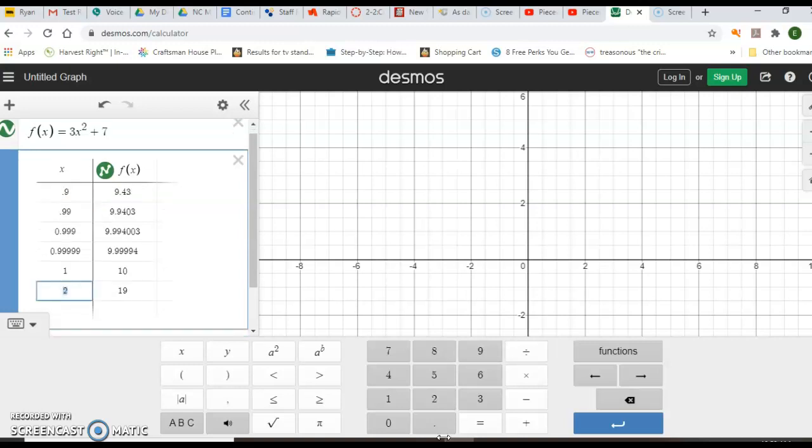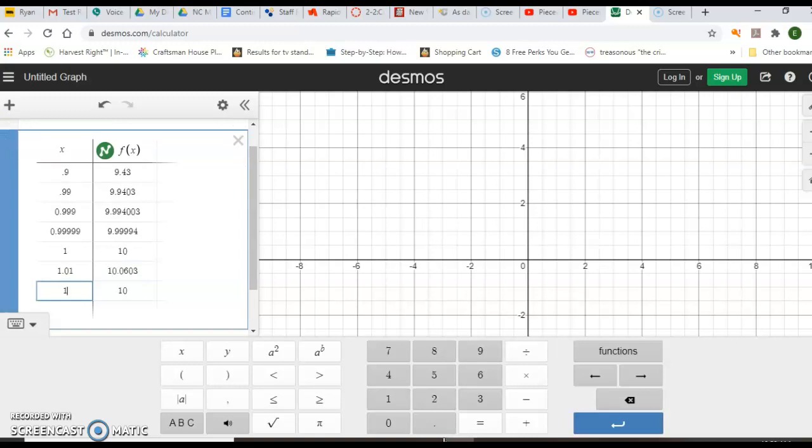It is approaching that. You can also do it on the other one, 1.01. Okay, 1.001. I should have done the same thing. 1.001, 1.01. That is also approaching 10.